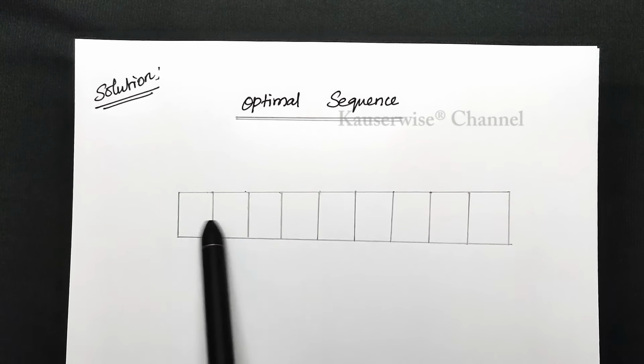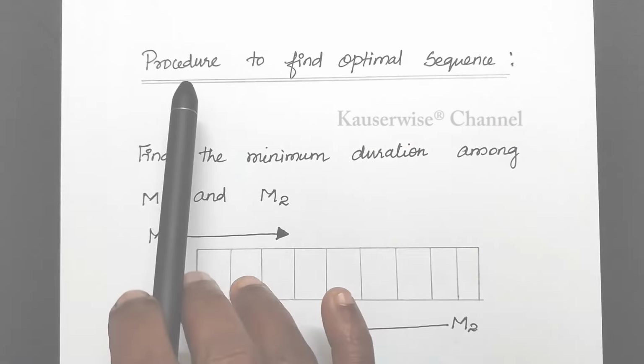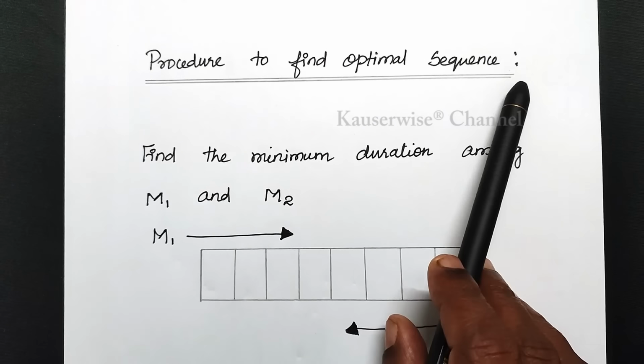Now, look at the simple procedure for finding the optimal job sequence.